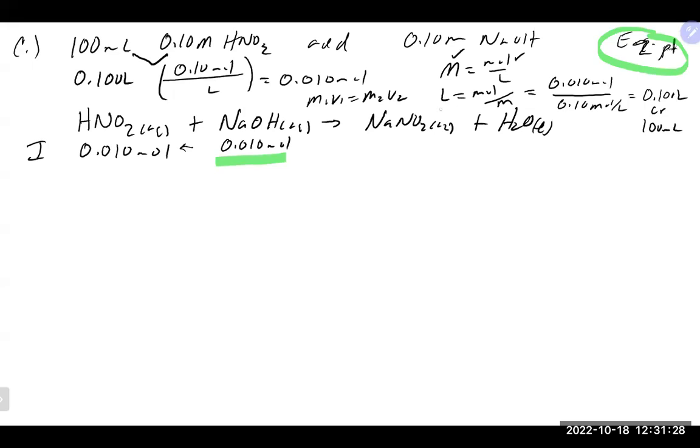So again, here you would take 100 milliliters times 0.1, which is the acid. And this would equal our M2, which is what we have there, 0.1 molar, and V2. Solve for V2, it will equal 100 milliliters. So there's two ways that you can do it.